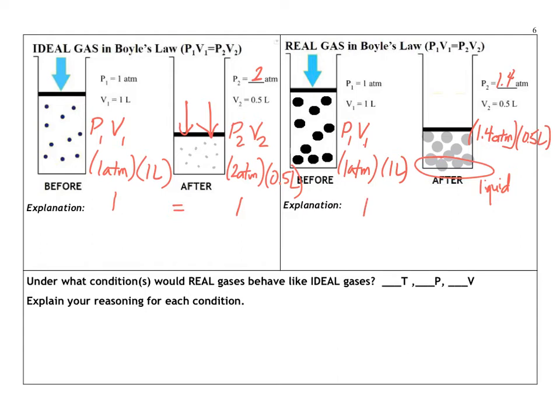So 1 times 1 on this side is not equal to 0.7 on this side. And so the mathematics works for ideal gases, as we see here. It ends up with a true statement, whereas the mathematics does not work with a real gas due to the fact that real gases have intermolecular forces, which can change the total pressure of the system in this scenario.